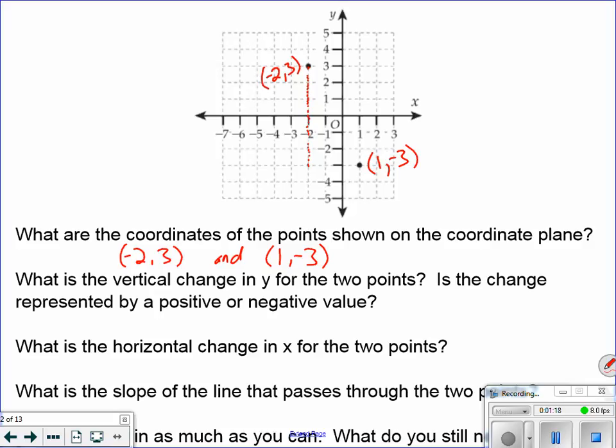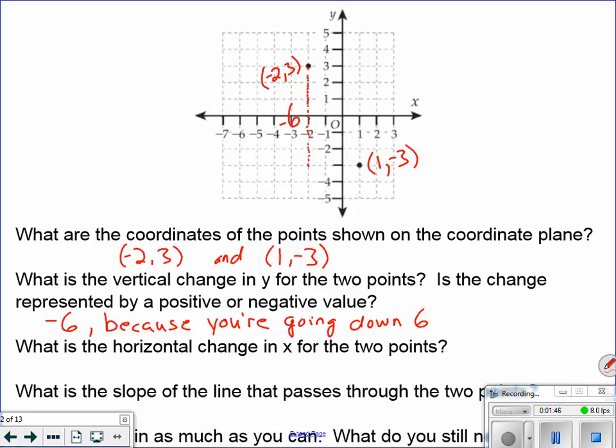So I went down 6, so that's a -6. That's because you're going down. Down 6.